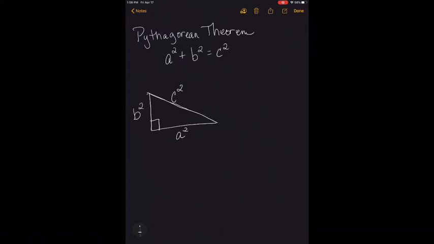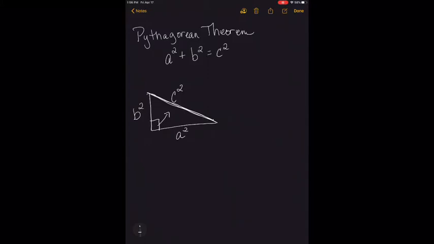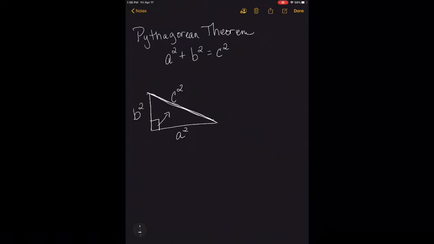So each leg has an option of being A or B. But what can't change is the hypotenuse. The hypotenuse is opposite to the right angle, and that's always c squared. So you have to make sure that you're looking at your triangle properly. Always look for the side that's opposite the right angle.